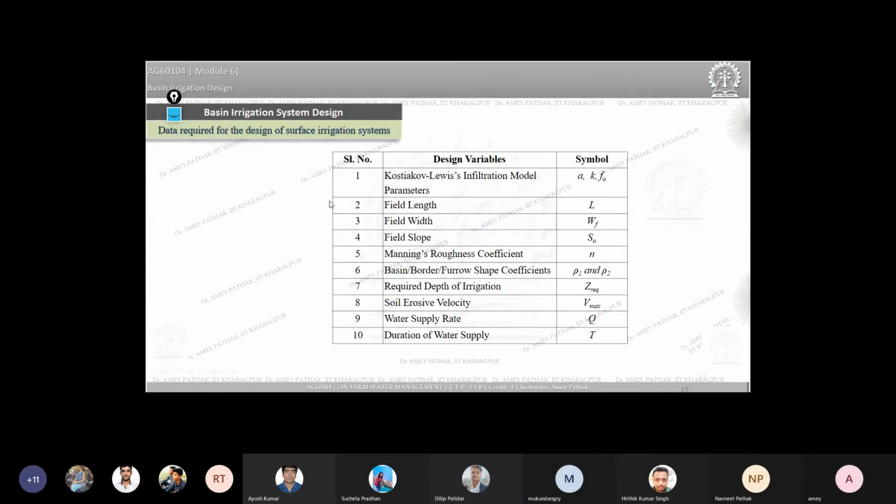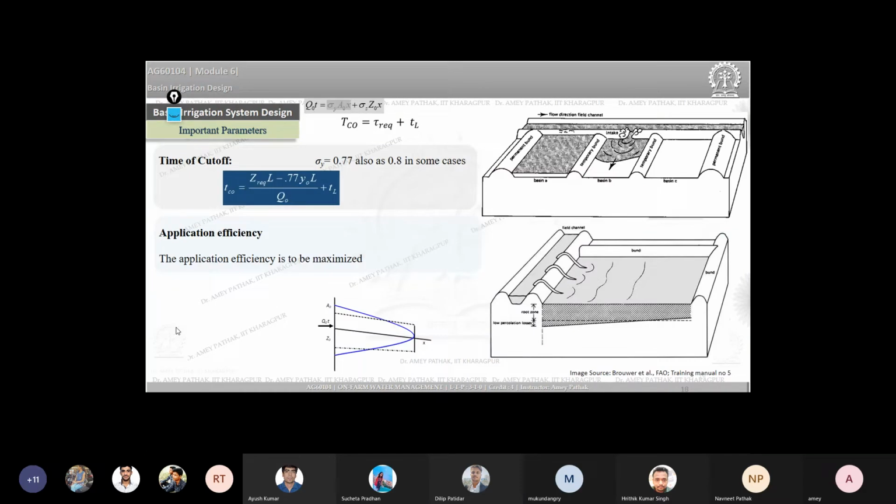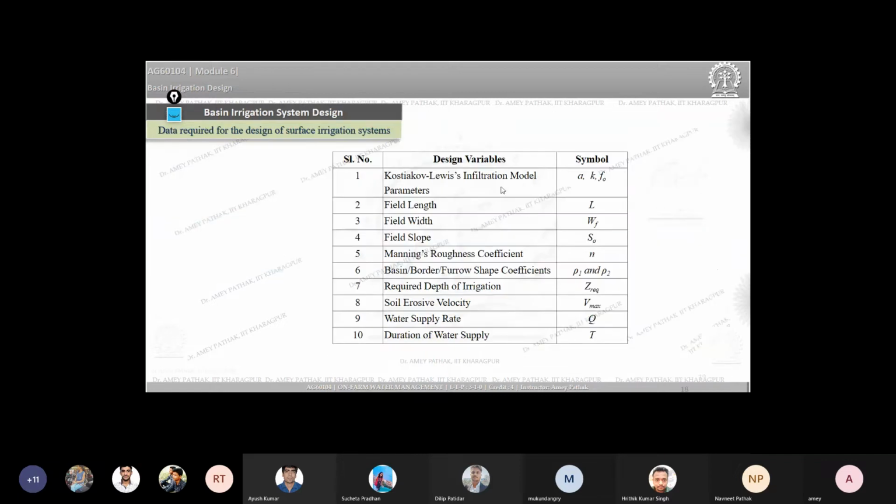So our objective is to achieve the application. Once we have designed all the parameters, the application efficiency has to be maximized. That is our objective. These are the various parameters that are common in a surface irrigation system: infiltration parameters, for example A, K, F naught, the basic infiltration rate, which are the parameters related to the Kostiakov equation.